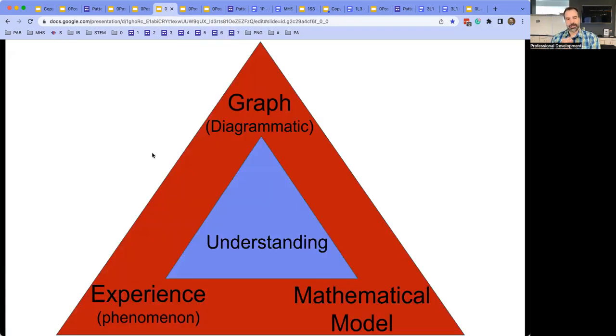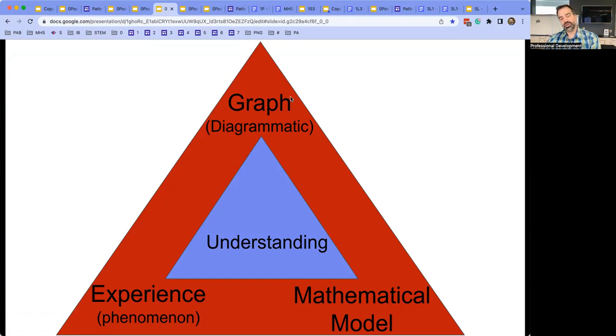Another really big graphic that captures a lot of the good stuff is this triangle, and we call it walking the triangle, or the triangle of understanding. When you really understand something, you have a feel for the experience, what is really going on in the world. And then so often we want a diagrammatic display, and with data, that oftentimes takes the form of a graph.